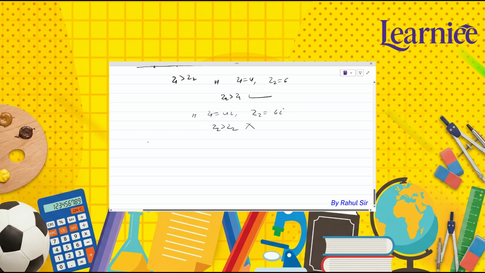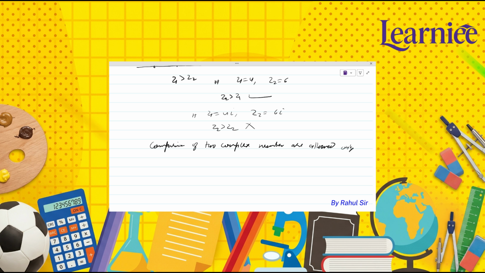So you can note down that the comparison of two complex numbers is allowed only if both are purely real numbers.